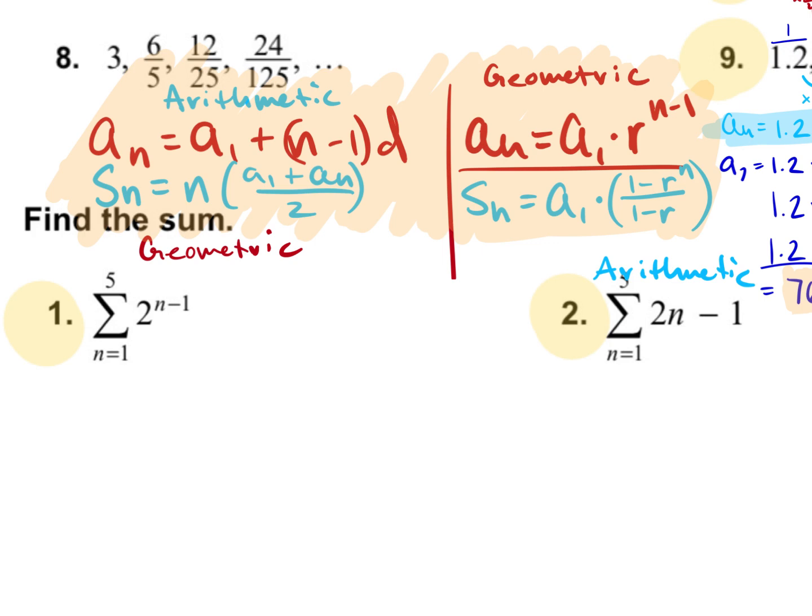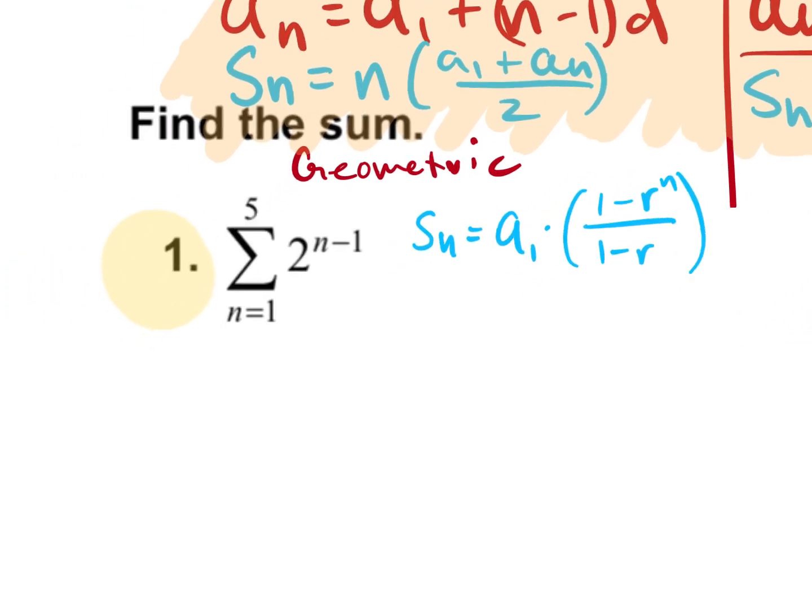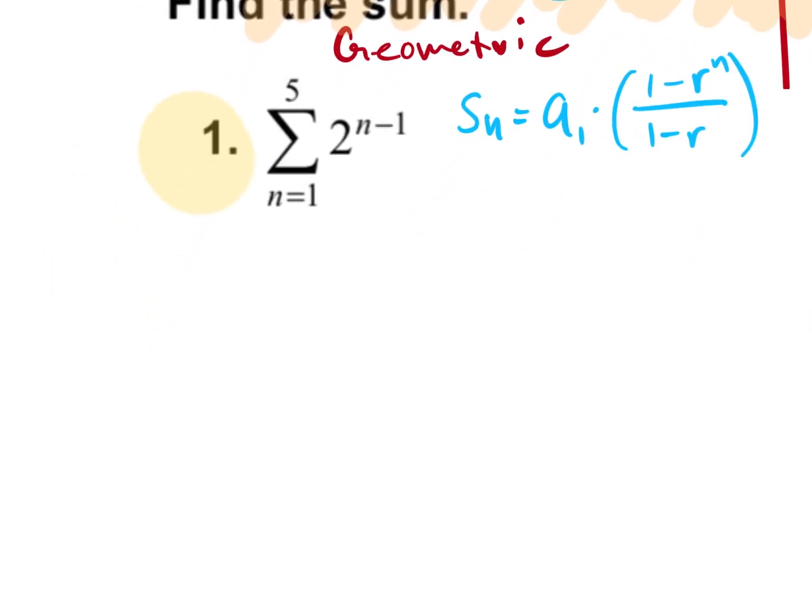Let's start with number 1. So we said number 1 is geometric. So we know that we're going to use the formula that goes S sub n is equal to a sub 1 times 1 minus r to the power of n over 1 minus r. So we need to figure out what our first term is, what our r is, and what our n is. How do we find the first term?